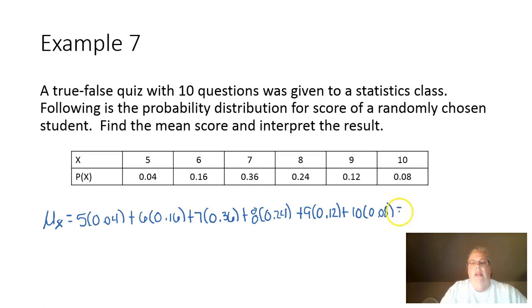And when we put this in the calculator to get our grand total, we will get 7.48.